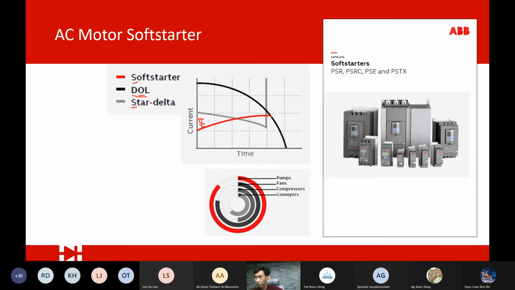Then it will operate like that. So let's say your protection curve is usually something like that. So you will not trip your circuit breaker. So you can see the application, for example, a water pump. This is a high water pump.